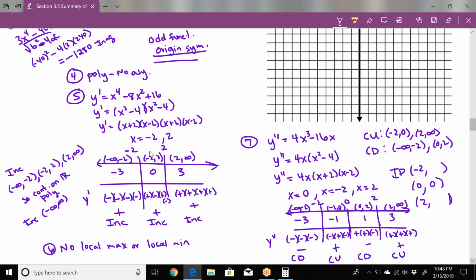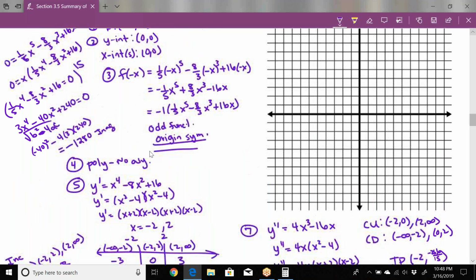If we plug -2 back into the original function, and just to save us time I used my calculator for this, it comes out as -256 over 15, but you'd have to plug it back into that original function with the fractions. And since we have origin symmetry, these are going to be matching, but positive. So it's 256 over 15, which comes out to roughly 17 and 1/15, just for reference points.